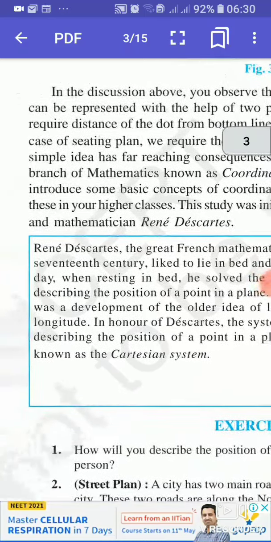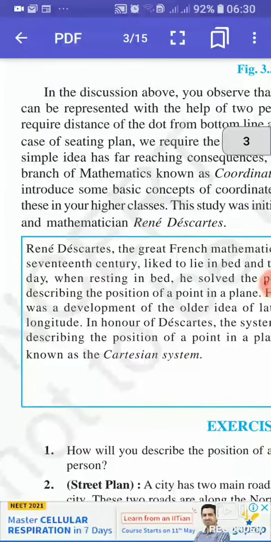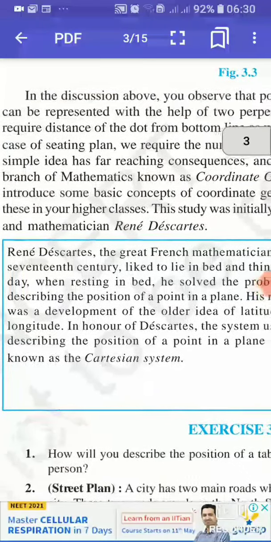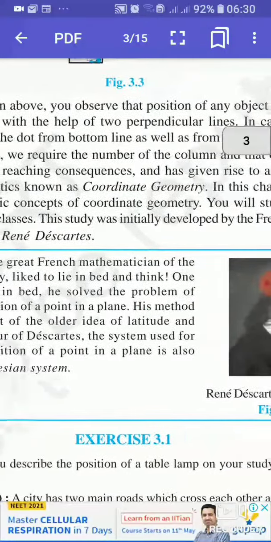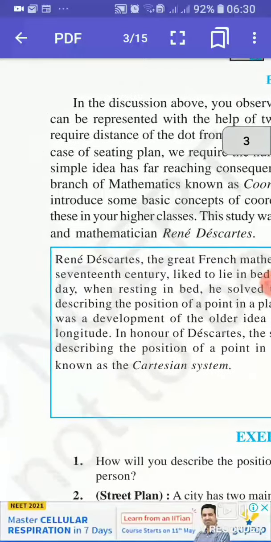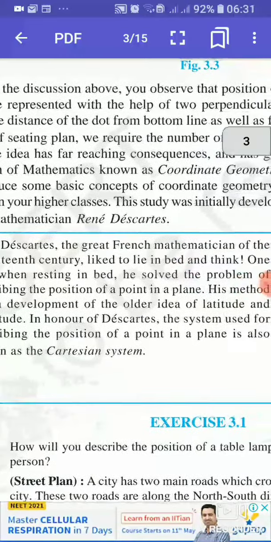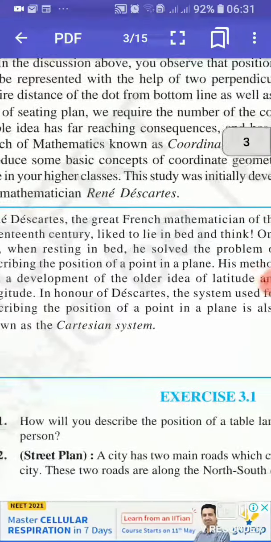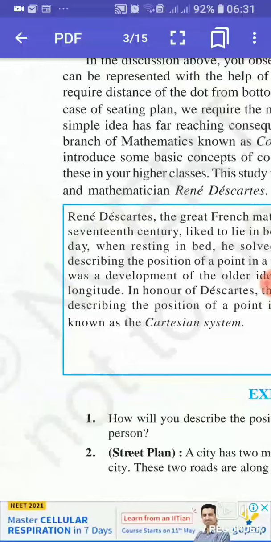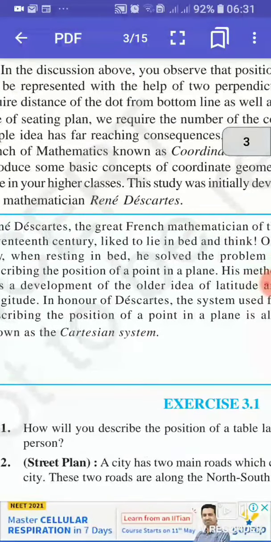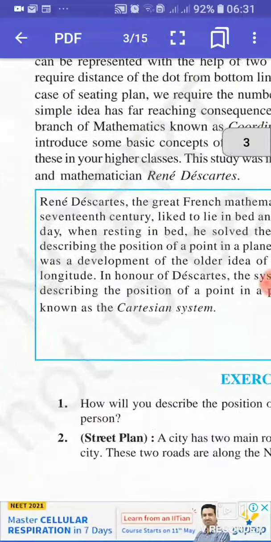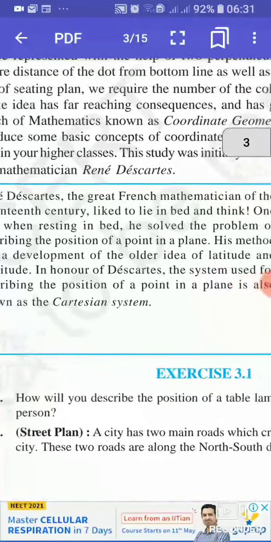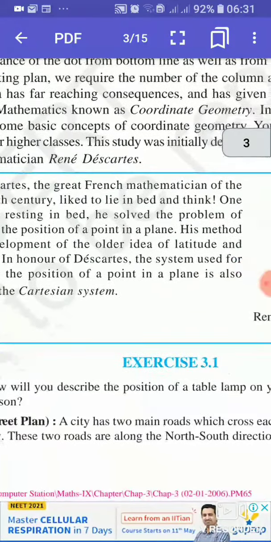Let's see about René Descartes. René Descartes, a great French mathematician of the 17th century, liked to lie in bed and think. One day, when resting in bed, he solved the problem of describing the position of a point in a plane.